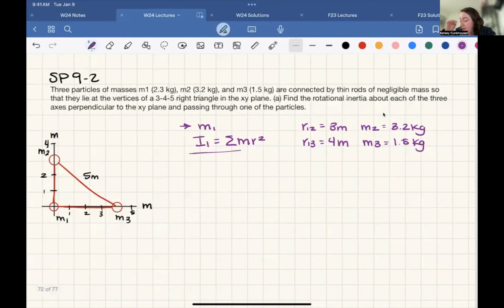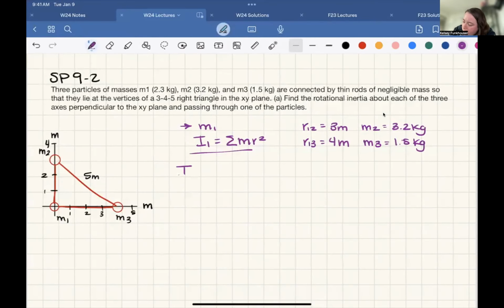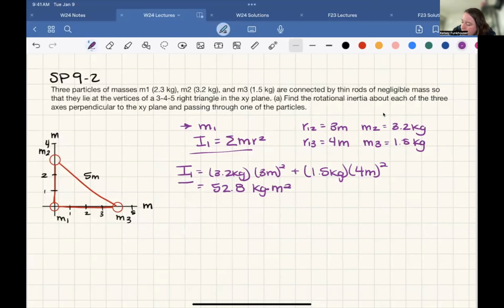Okay, so now we'll just use our equation for the rotational inertia. So 3.2 kilograms times 3 meters squared plus 1.5 kilograms times 4 meters squared. This gives us a rotational inertia of 52.8 kilogram meters squared. So that is the rotational inertia if it was just rotating around mass 1.